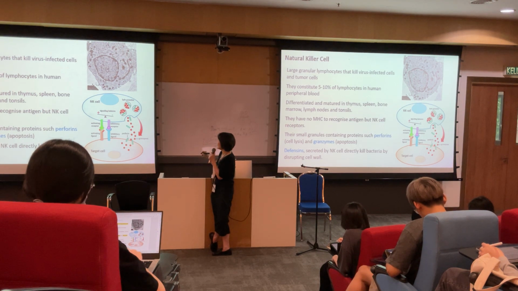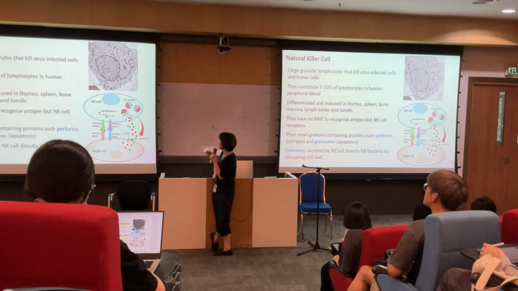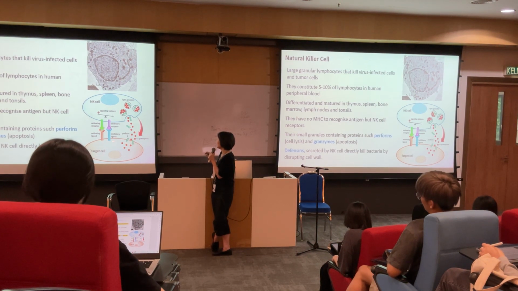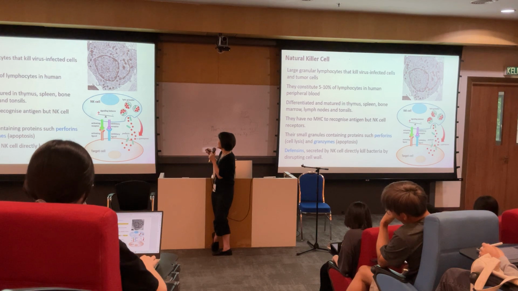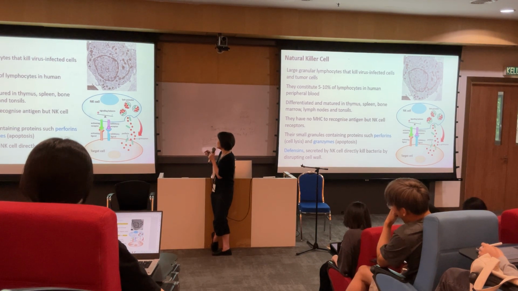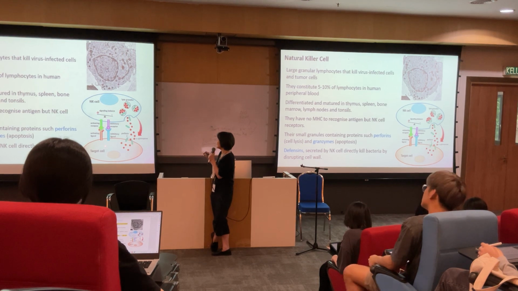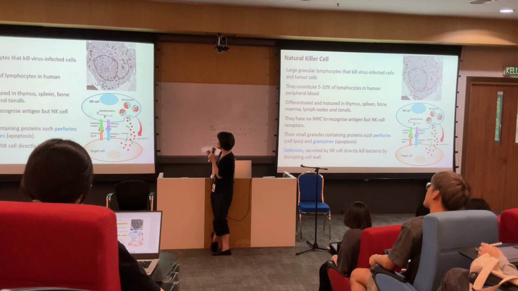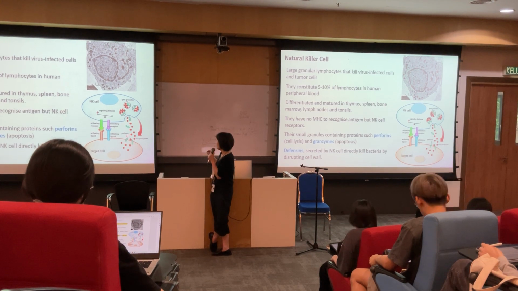Let's say this target cell has been infected by the virus. So these NK cells try to kill it, and they have to have a receptor to recognize it. Once bound to the target cell, it starts to release two things. One is perforin, the other one is granzyme.